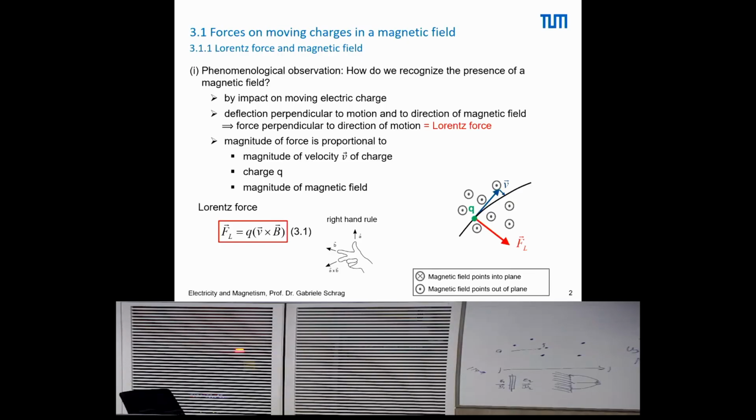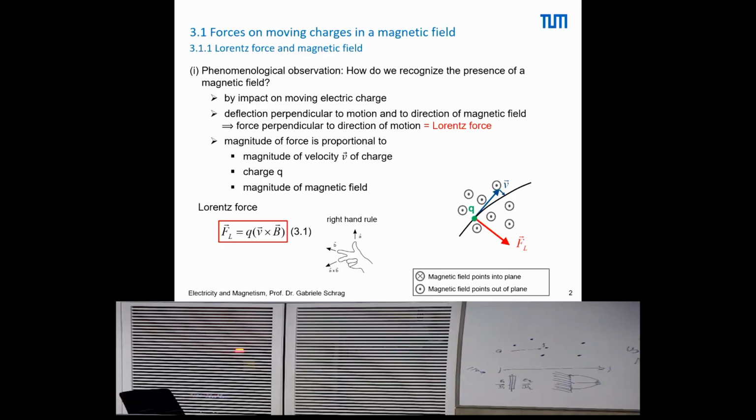You have a charge which is moving through this magnetic field, and the direction of motion is in the plane of the slide, while the field is coming out of that plane. So the motion is perpendicular to the magnetic field, and the charge has a given value q.